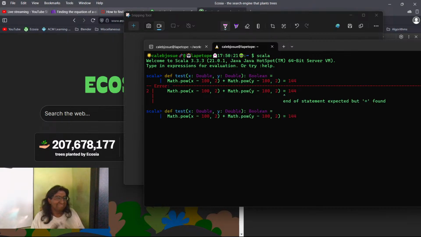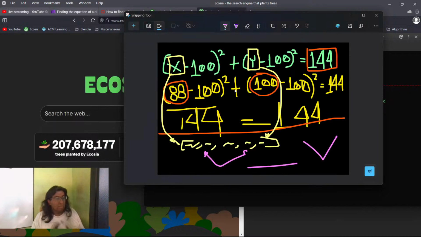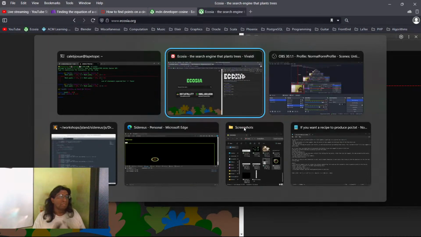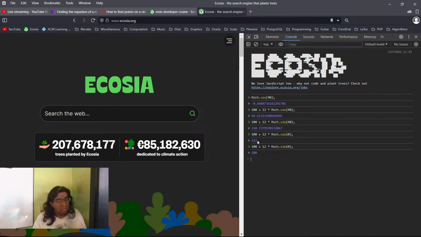One. Apparently, this will be in the circle. I don't know.